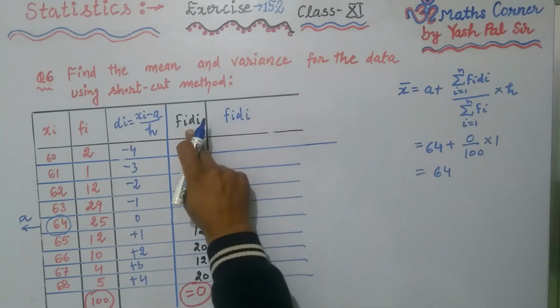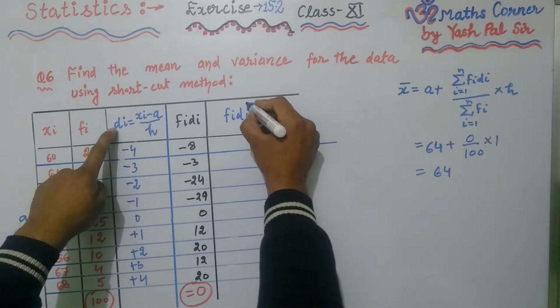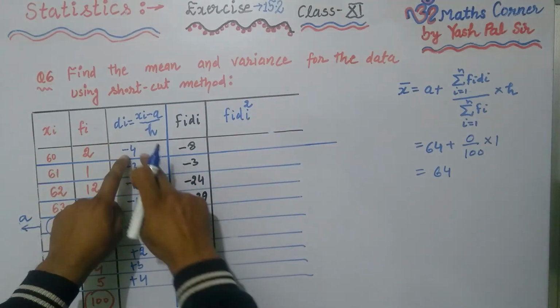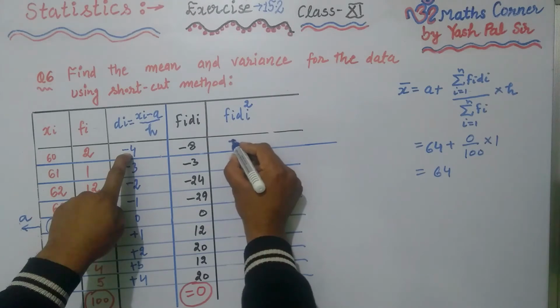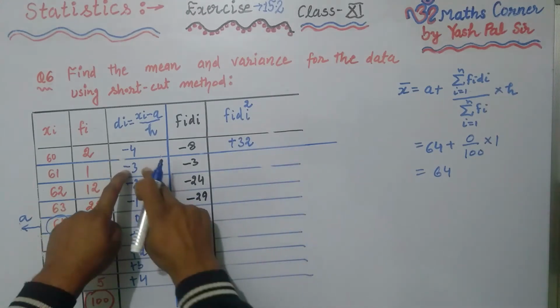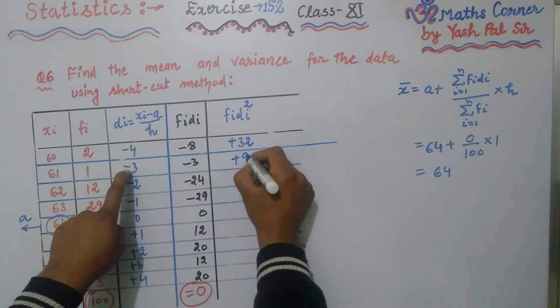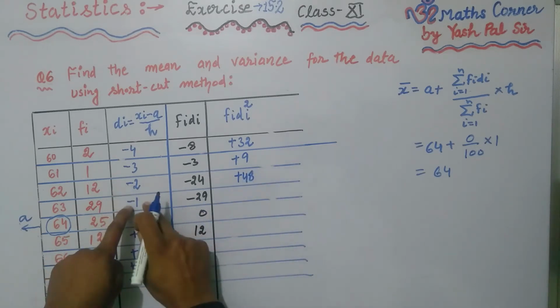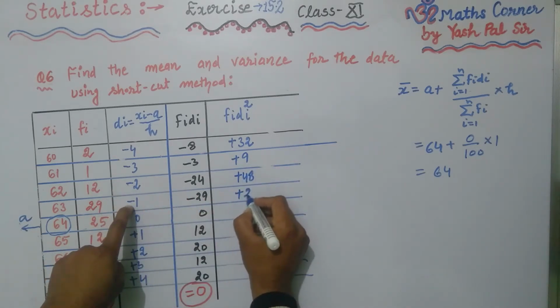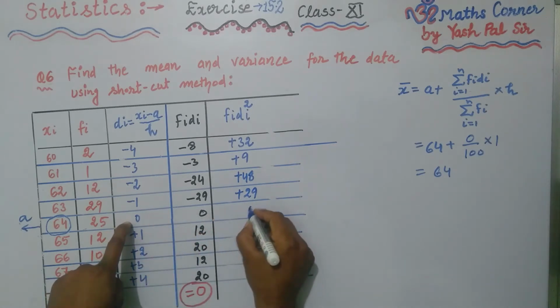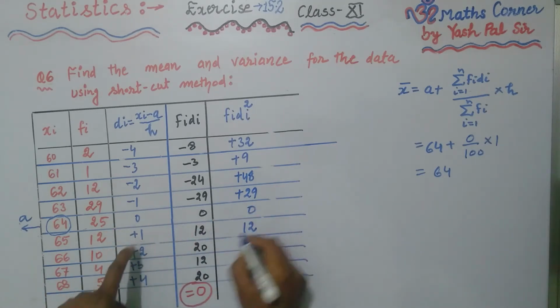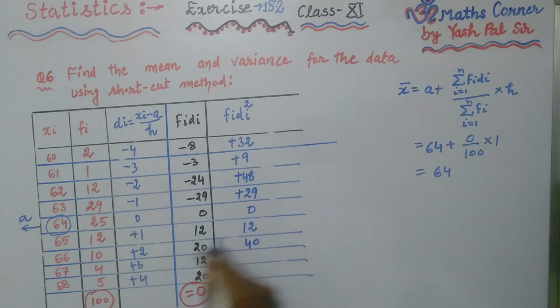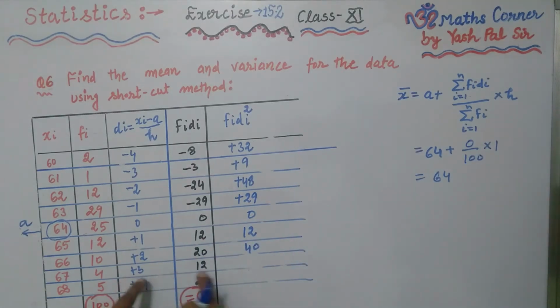di. This is already given, we multiply these two columns, then this becomes fi di square. Minus 4 into minus 8, 32, that is plus 32, minus 3 into minus 3, plus 9, minus 2 into minus 24, 48, minus 1 into minus 29, plus 29, 0 into 0, 1 into 12, 2 into 20, 3 into 12, 36, 4 into 20 is 80.